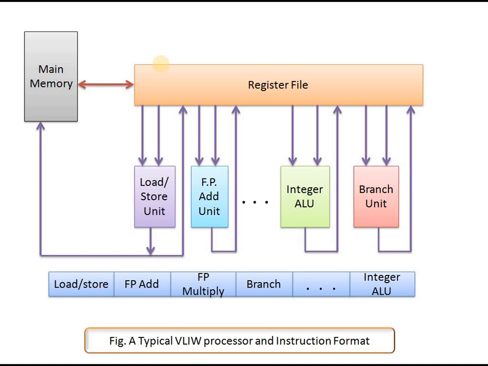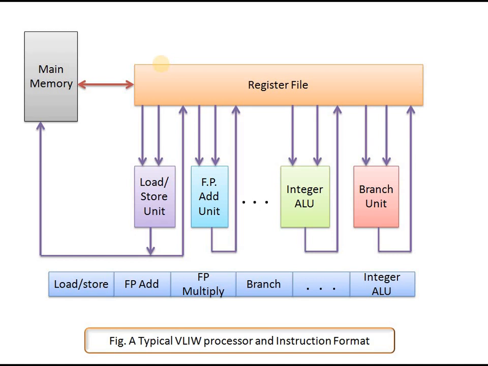Multiple functional units are used concurrently in a VLIW processor. All functional units share the use of a common large register file. The operations to be simultaneously executed by the functional units are synchronized in a VLIW instruction.